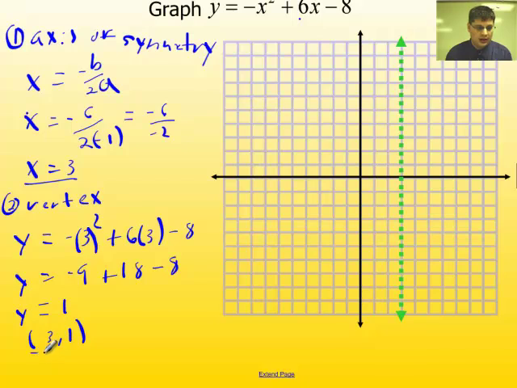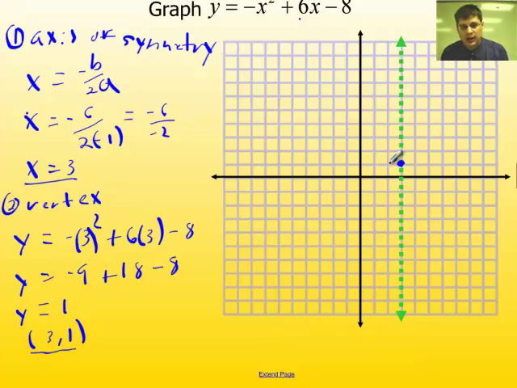Okay, and I'm going to underline that. So 3, 1. There's my vertex. Okay, so we have the vertex, so we need 4 more points because we need a total of 5 points. Now to get the other points, we're just going to go back to substituting in values.